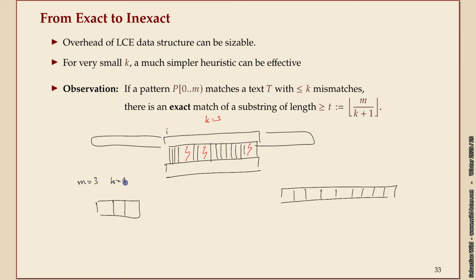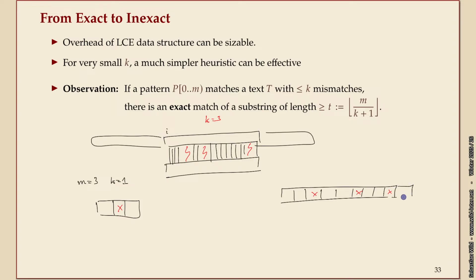Say k is 1 and m is 3. The worst that can happen is that this is the mismatched character. But then I'm supposed to still have at least one character that I match. And if you insert that, that's what t comes out to: 3/2 rounded down. In a larger example, pick characters like this.